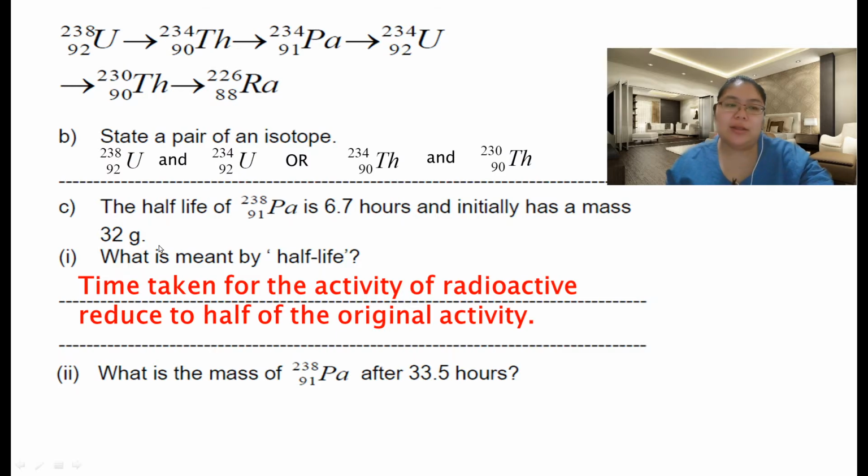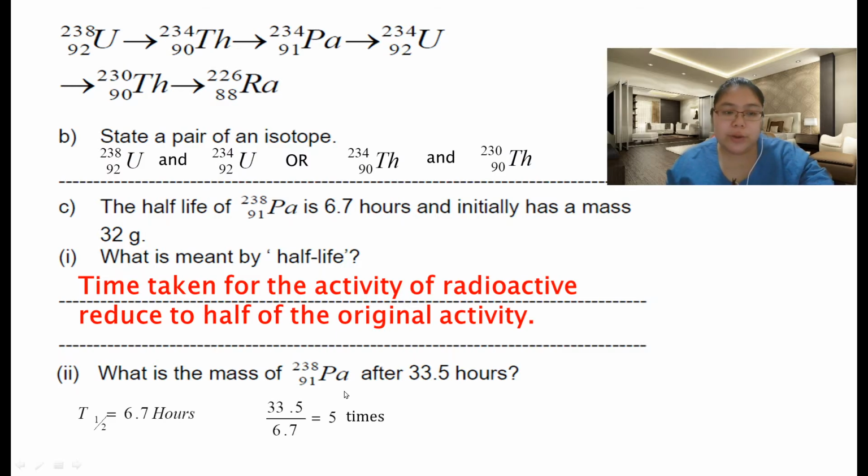Okay, now we start. We do the half-life first. We find how many half-lives in 33.5 hours. So we need to take 33.5 hours over 6.7, because 6.7 is one half-life. So I need to know how many times the half-life is inside 33.5 hours.